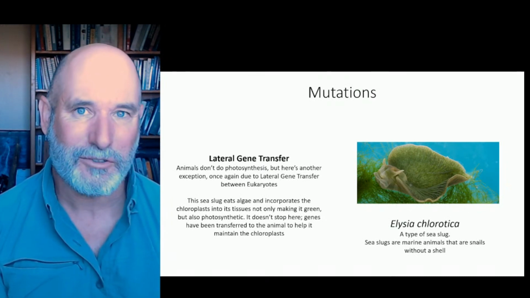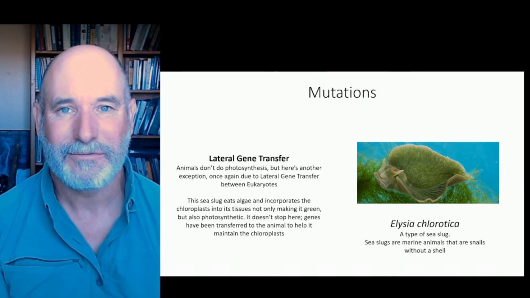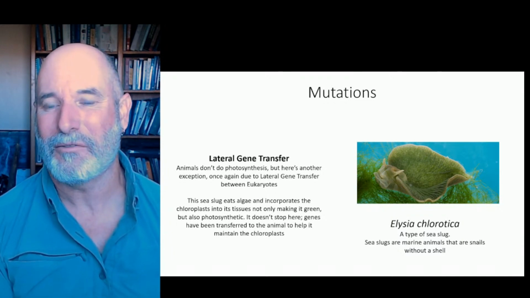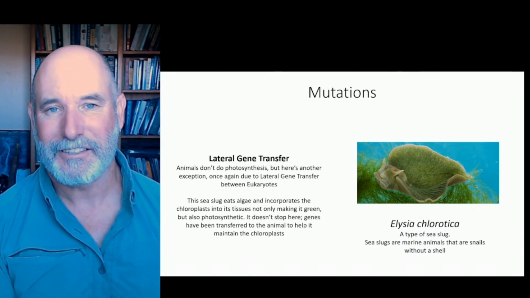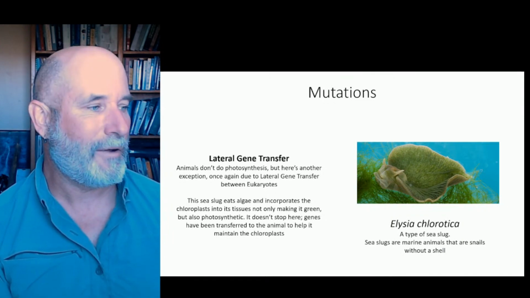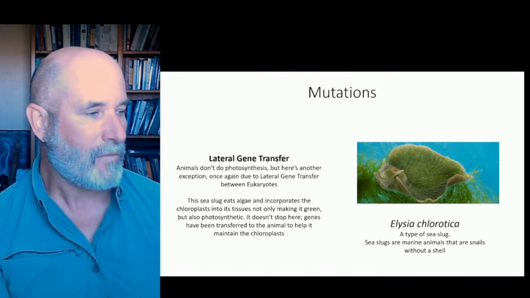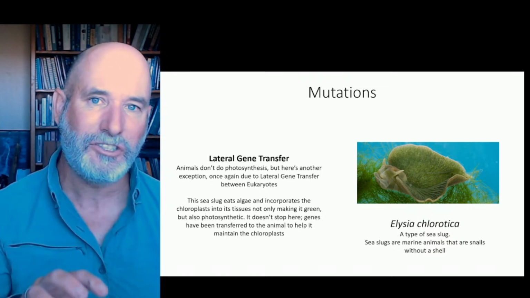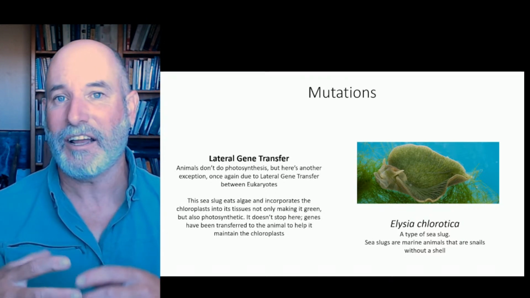We say that animals aren't photosynthetic. Well, that's not always true. One of the things that I love about biology is that there's always exceptions. Biology is complicated. And we have this thing called Elysia chlorotica, which is a type of sea slug. And Elysia chlorotica, when it eats algae, it doesn't digest all of the algae.